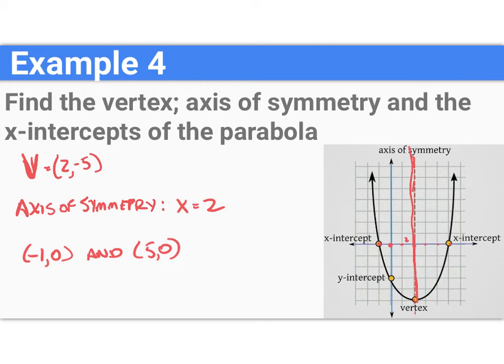So if your vertex is below the x-axis, you will have 2 x-intercepts. If your vertex is on the x-axis, you will only have 1 x-intercept. And if your vertex is above the x-axis, you will have no x-intercepts. And we'll talk about that later on in later lessons.